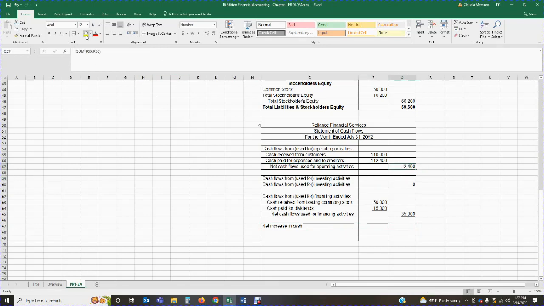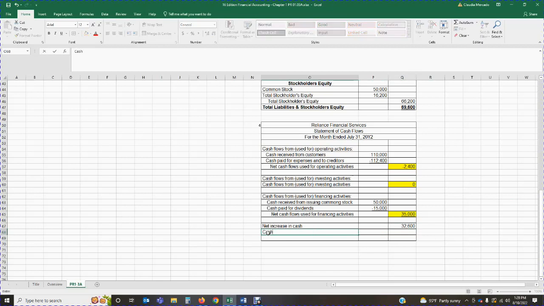Basically, you're going to add your total for your operating activities, your investing activities, and your financing. Your totals for those three are going to be your increase. I'm going to add the three numbers together, and that's going to give me an increase in cash of $32,600. Now we're going to balance this over.